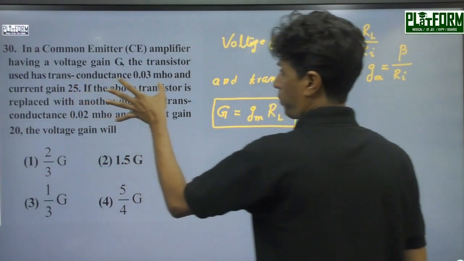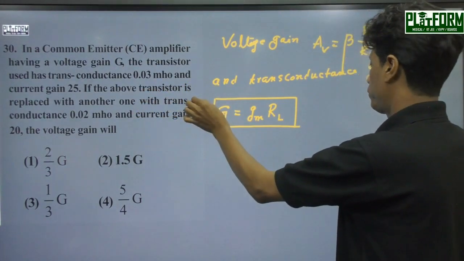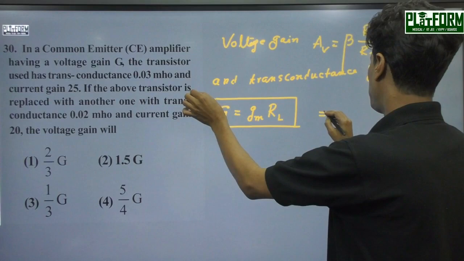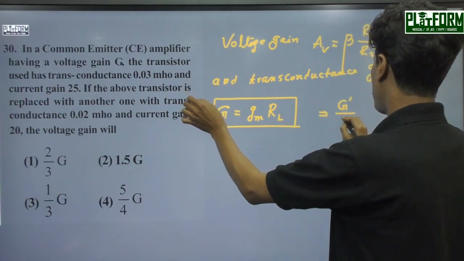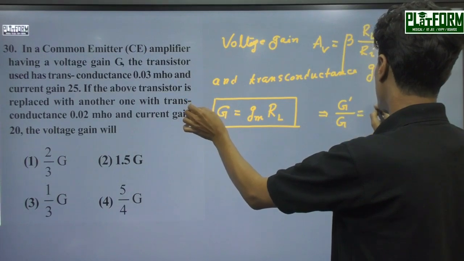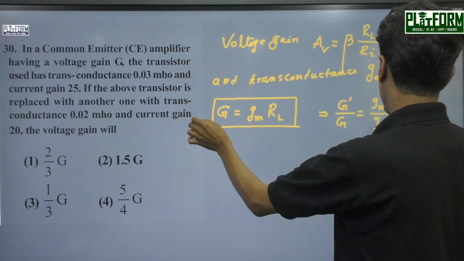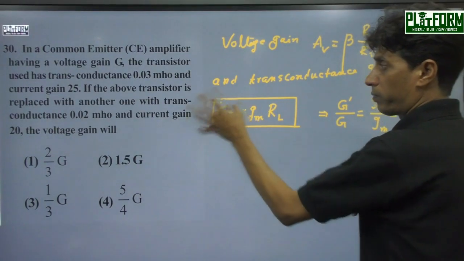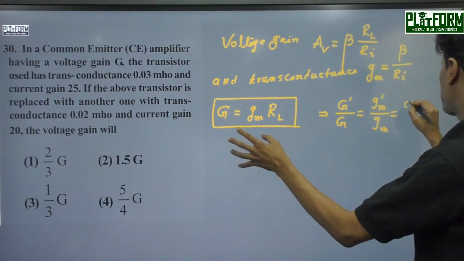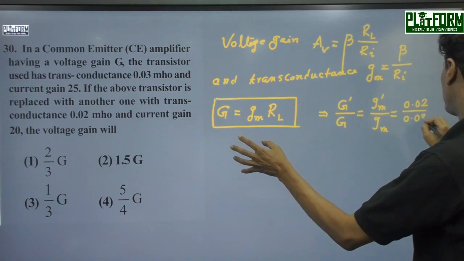And from this problem, the transistor used has transconductance 0.03. So here the new voltage gain G prime by G we can say is GM prime by GM. And from the problem, it is 0.02 by 0.03.